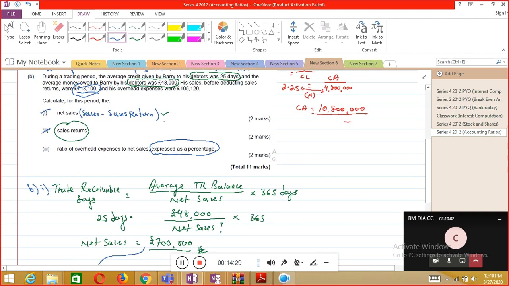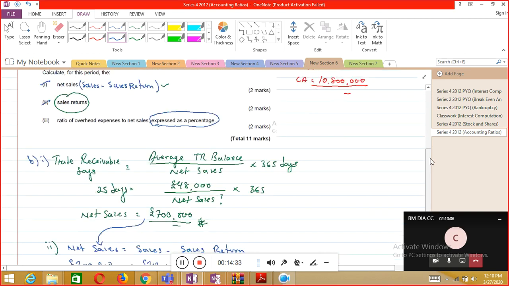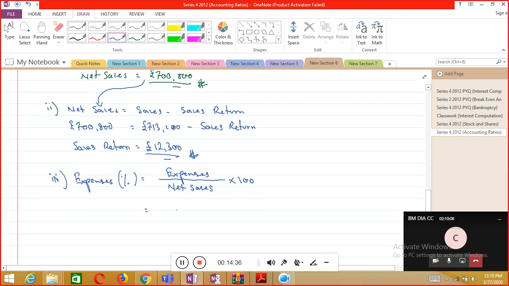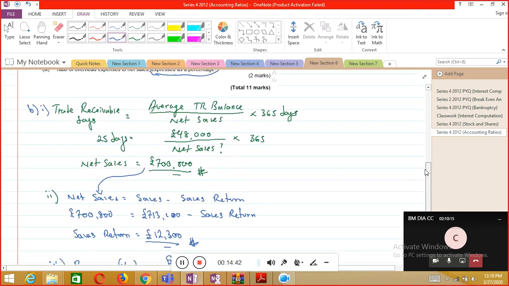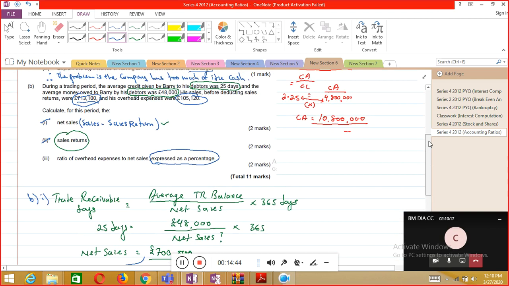Your expenses will be this 105,120, divided by net sales.